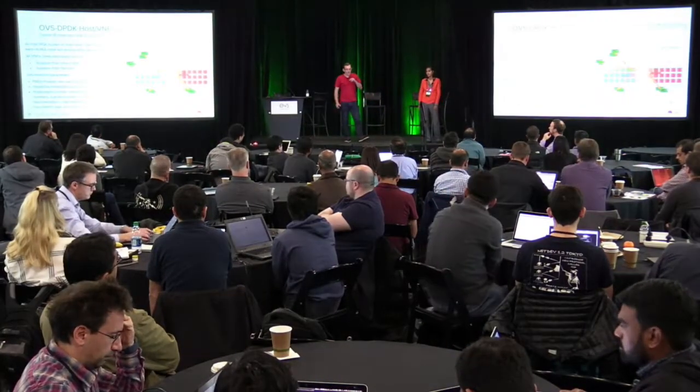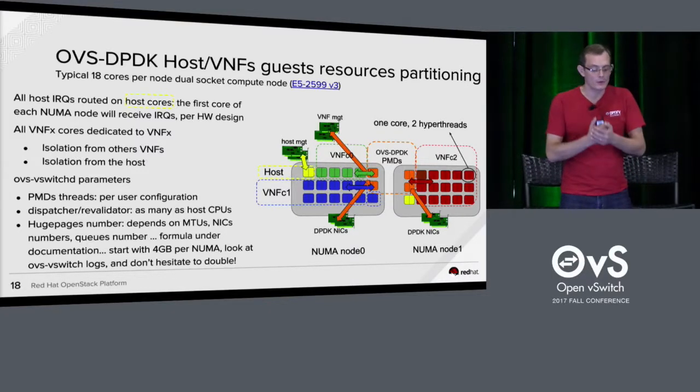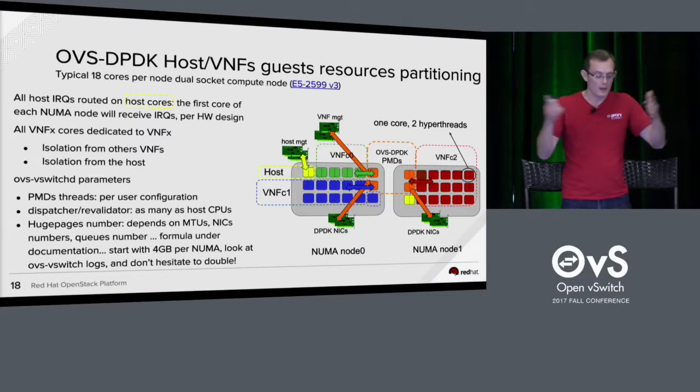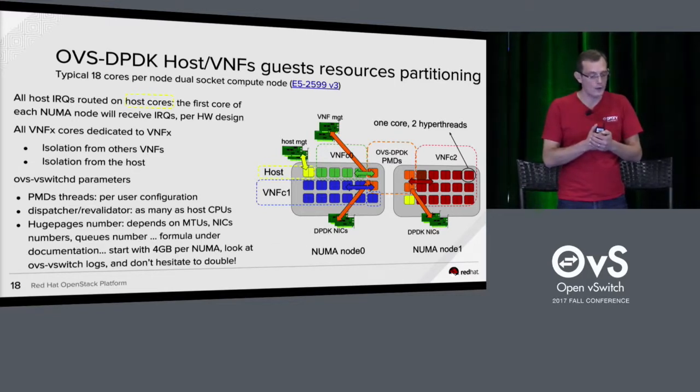So, other dimensioning parameters, talking about the go live. How many cores? What we do with OpenStack is we dedicate the first core of each NUMA socket to the host, to Linux, because you have some interrupts you cannot reroute.